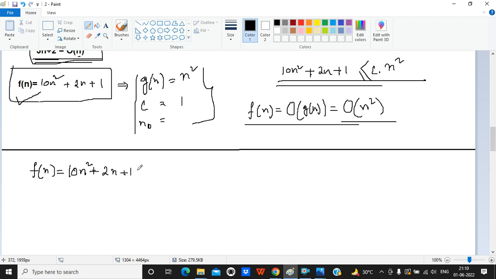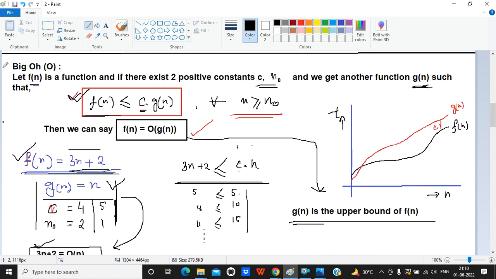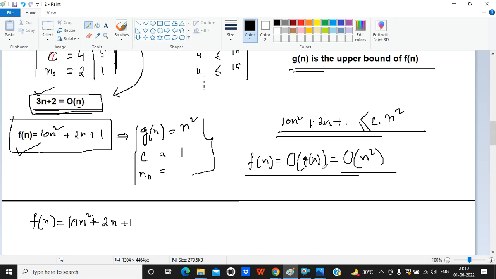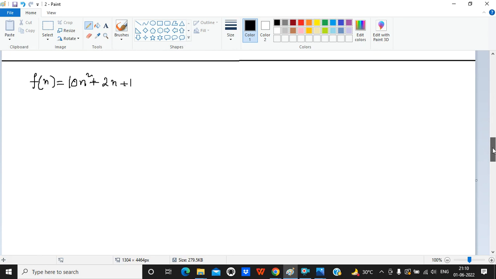Okay, see one thing. Through asymptotic notation big O, using this lemma or this theorem, how we derive this big O of n square from 10n square plus 2n plus 1, we understand. But one more analysis I can put here.